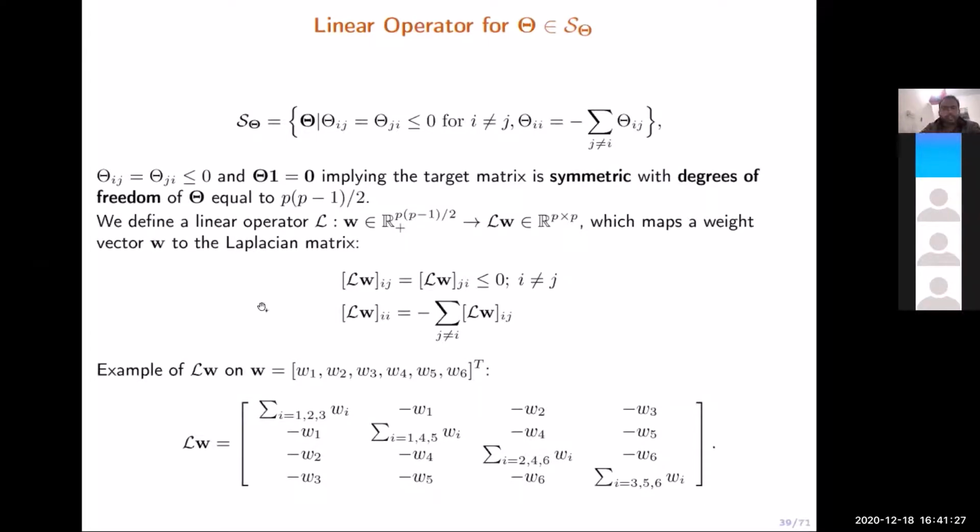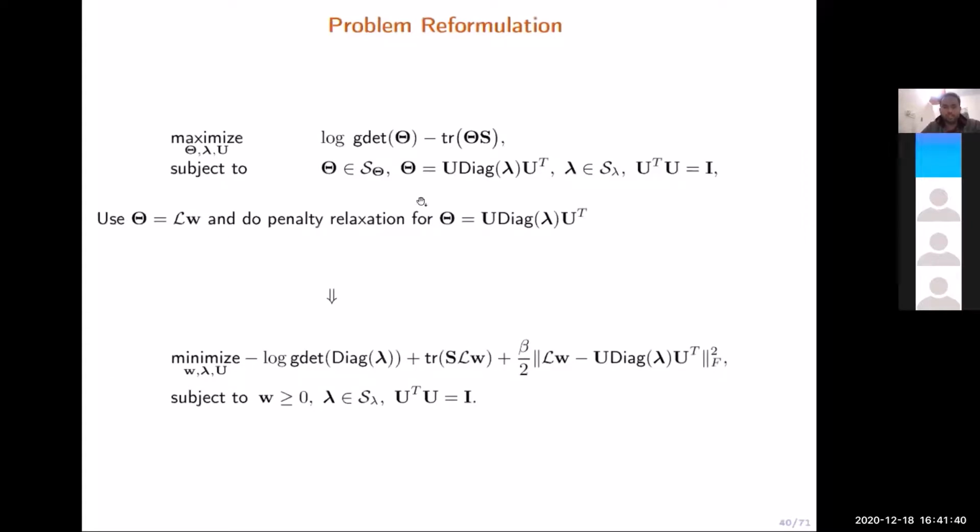First we map the matrix variable to a vector variable, which avoids this complicated constraint. Now we only want to force that W should be positive. So this was the original problem. We have mapped theta to LW, where L is fixed and W is the vector variable. Earlier we had to force theta to belong to S of theta, which has a lot of constraints.